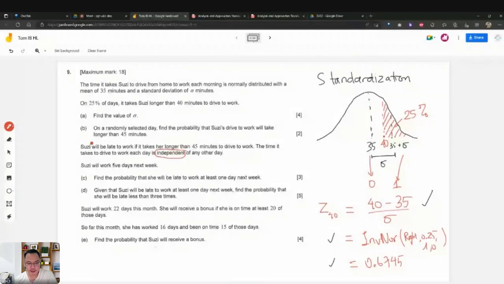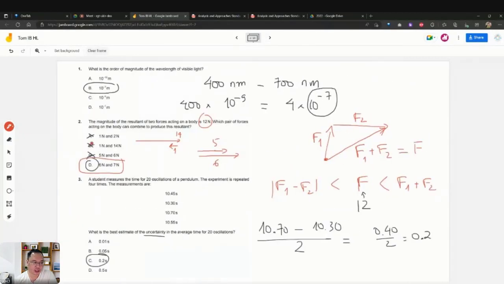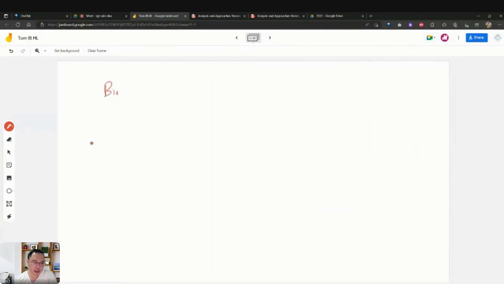I will remind you about the three assumptions, or conditions, for a binomial distribution. The time it takes to drive to work each day is independent of any other day, so this is one condition of the binomial distribution. Firstly, there are two outcomes which are mutually exclusive: success or failure. Success is not late. Failure is being late.